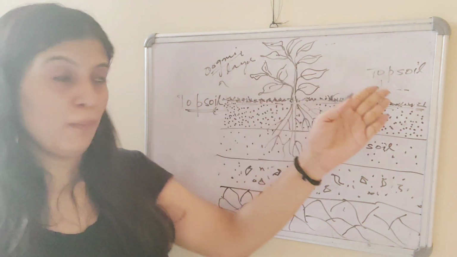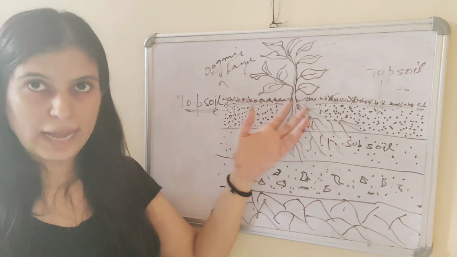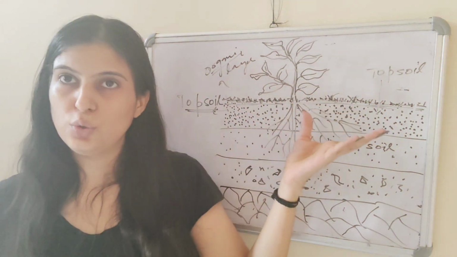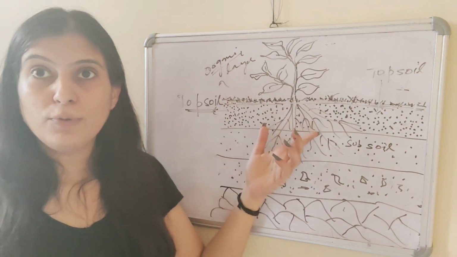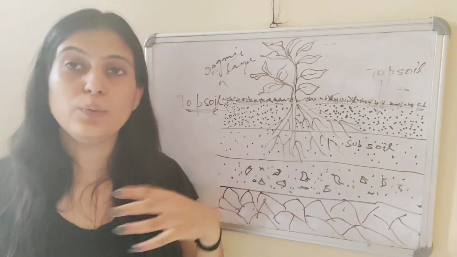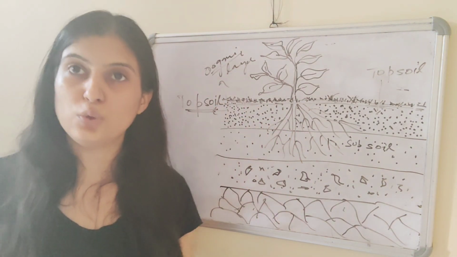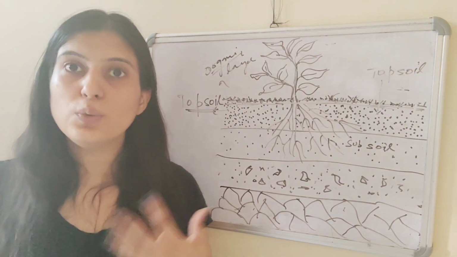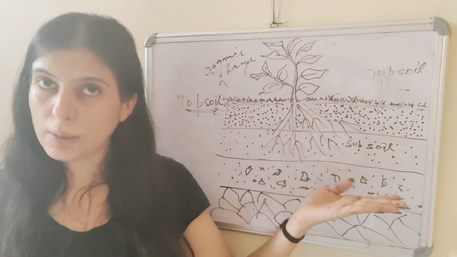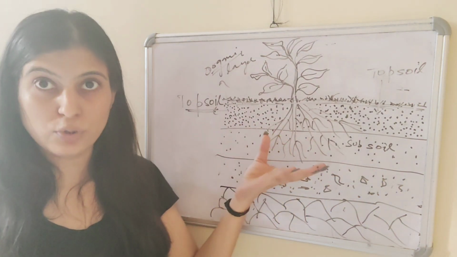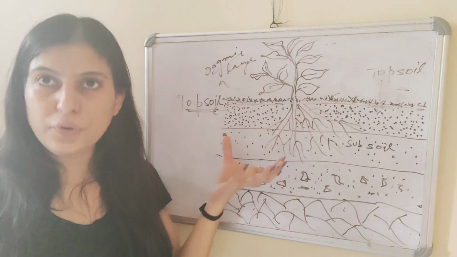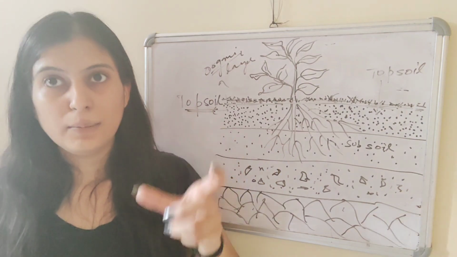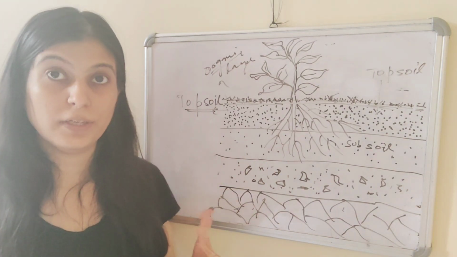The first one is the topsoil, which contains the organic layer on which plants grow. In topsoil, humus is mainly present, which helps the plants to grow. Also, it absorbs water, which further goes down to the groundwater. Next one is your subsoil. Subsoil is the second layer in which minerals are present and a little bit of humus is also present.